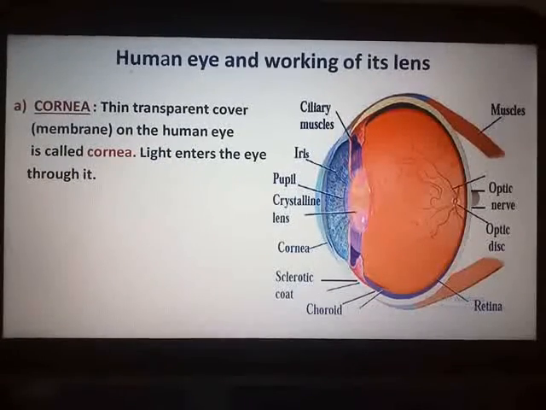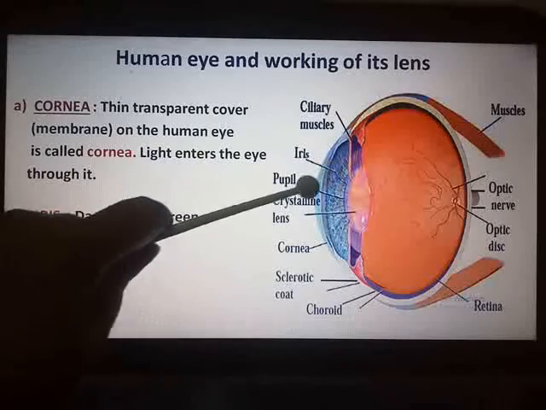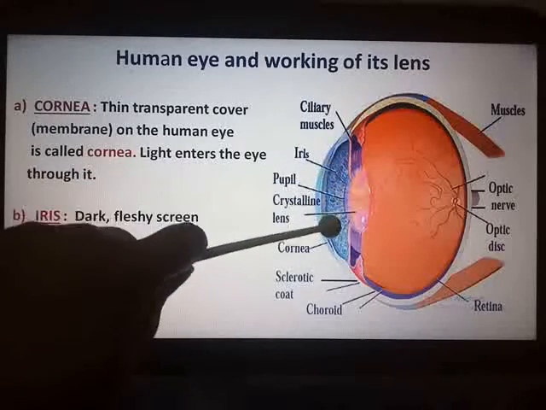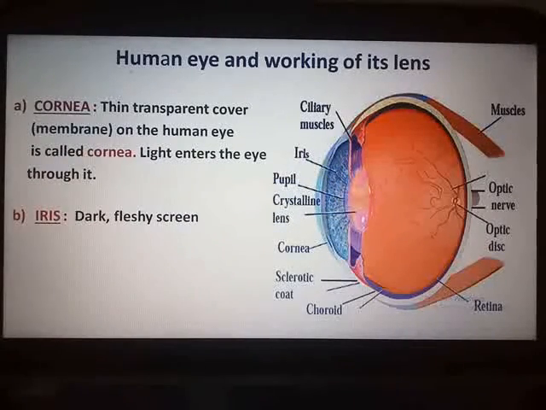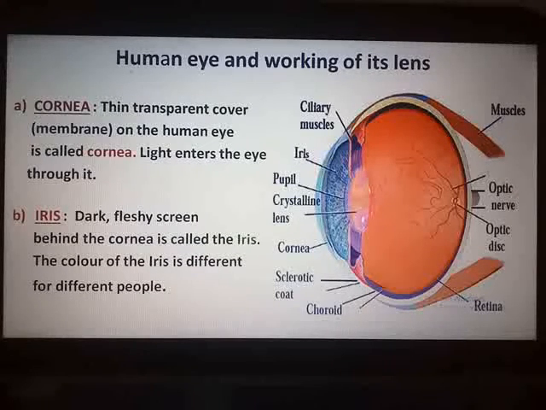The next part which you come across after the cornea is the iris. The dark fleshy screen right behind the cornea, which you can see here in bluish color, is known as the iris. The color of the iris is different for different people.